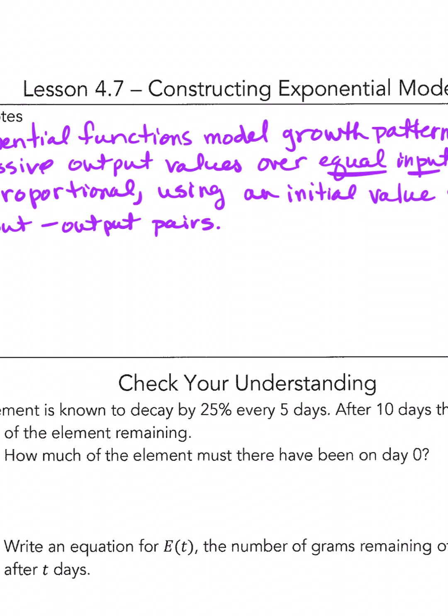Providing you're using either an initial value and a ratio. So you're going to use an initial value or a ratio, or two input-output pairs.